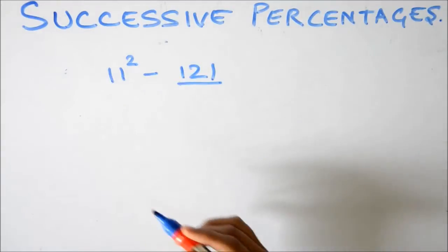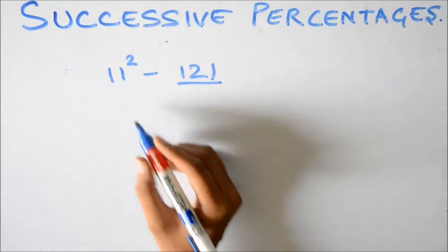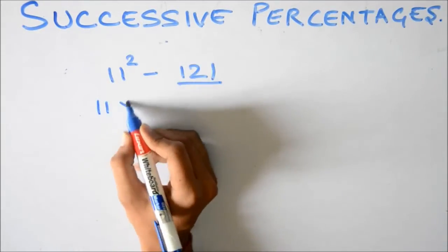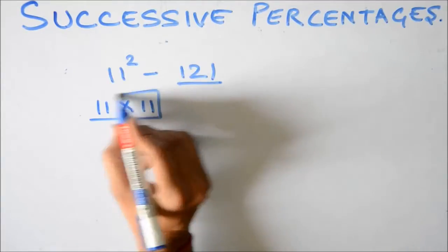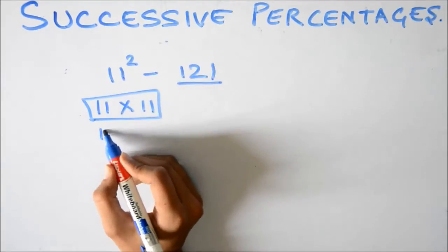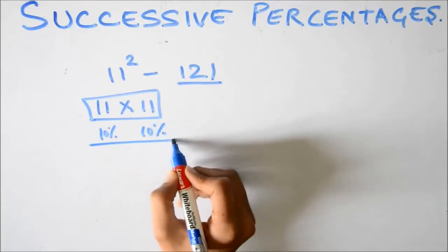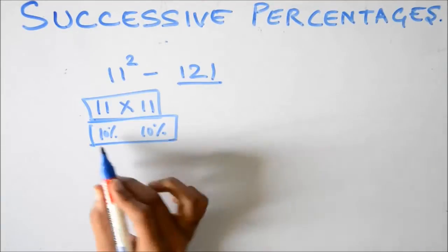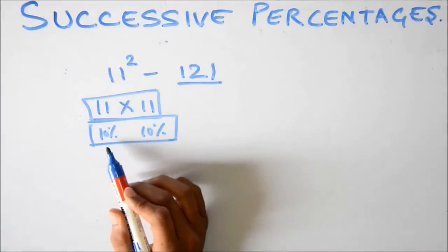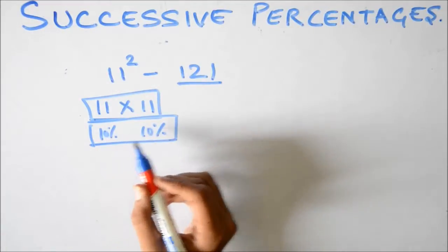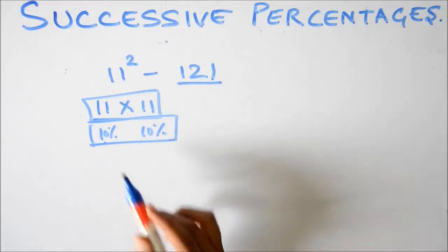Now how do we see it as a successive percentages question? You can write it as 11 into 11. That means on 10 there's an increment of 10%. Then again there's an increment of 10%, right? We can see this question as two consecutive times we are increasing 10% on 10.